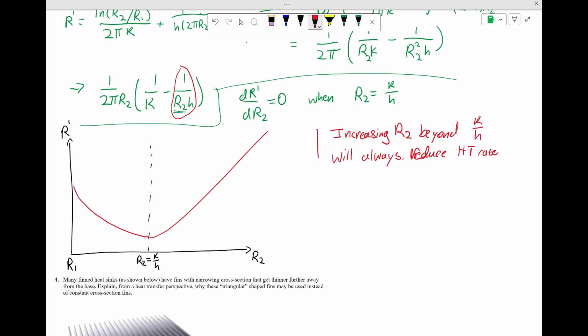But if you start off with a very thin value of R2 and you increase the thickness of the insulation a bit, you could actually temporarily decrease heat transfer performance or increase the heat loss rate in this relatively narrow band of conditions. So you would want to make sure that your insulation is always at least thicker than that, but you don't really ever have to worry about over-insulating like the problem poses.